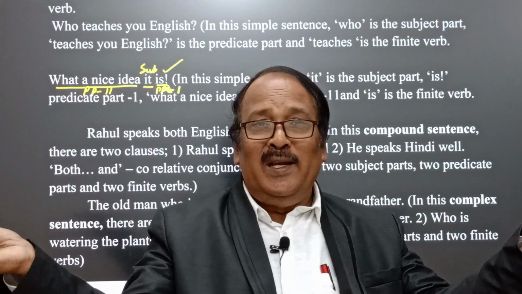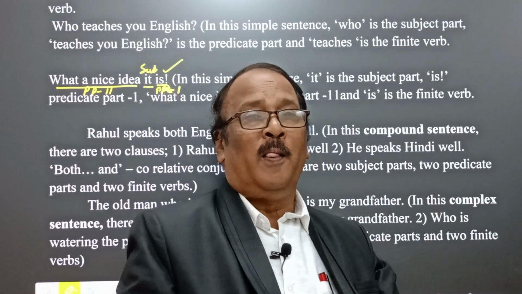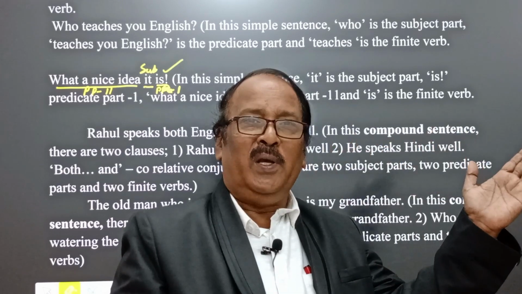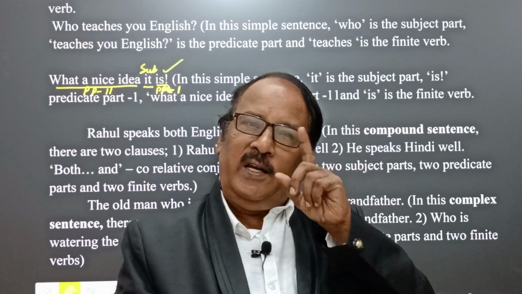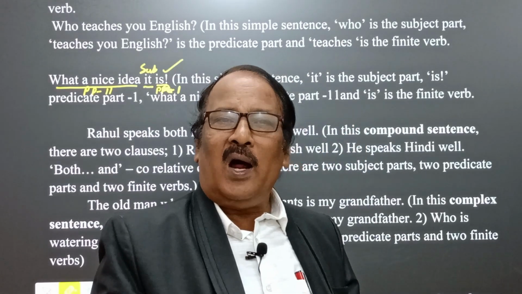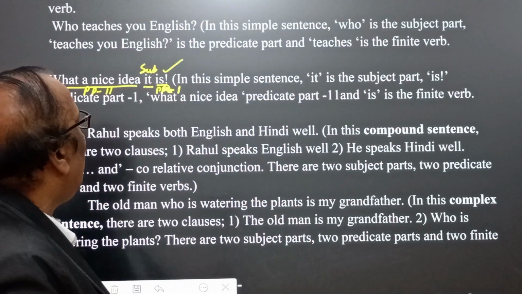If we rearrange it as a declarative sentence, it is a very nice idea. You see, it comes at the beginning. It means here we find it is the subject, is is predicate part 1, and what a nice idea is predicate part 2.